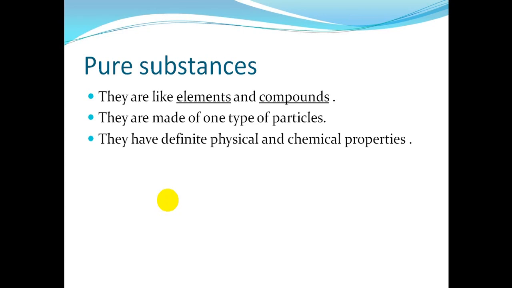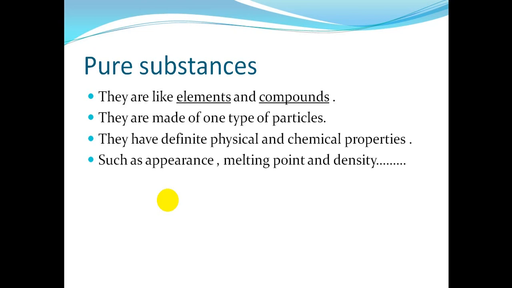You can know pure substances easily from their physical or chemical properties. For example, water is a compound. Do you know that water has a melting point of 0, a boiling point of 100, and has no color? Physical and chemical properties such as appearance, melting point, and density, we spoke about them in the last quarter.